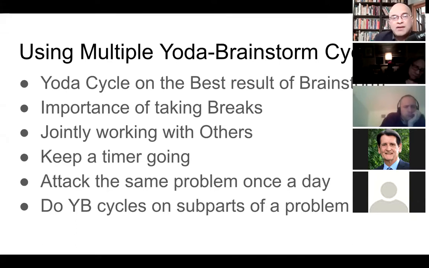Next point I want to make is about working with others. One of the ways of doing a cycle is with another person, because the other person has a different context. They have different habits, and they may be able to see things that you did not see.